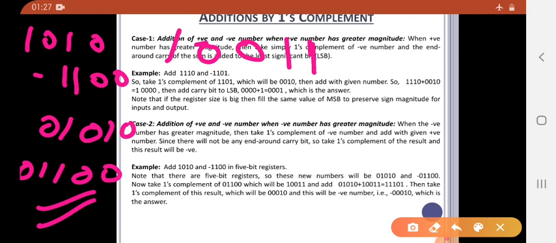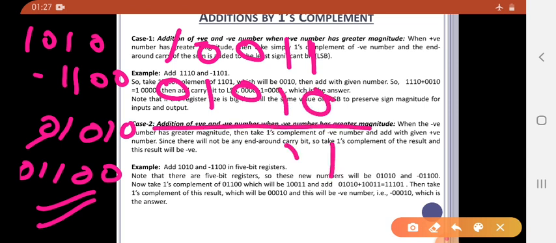The positive number is this: 01010. Add it. 1 0, there is one carry, 1 1 1. This is my result of addition of the two numbers.